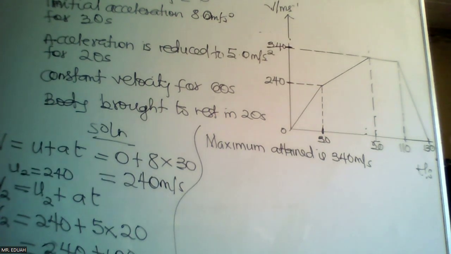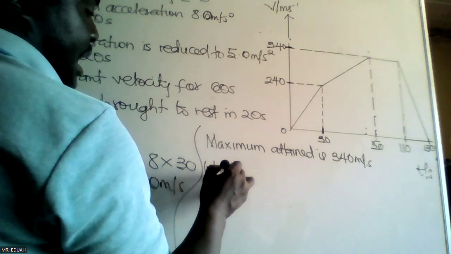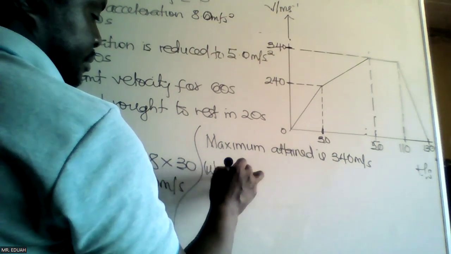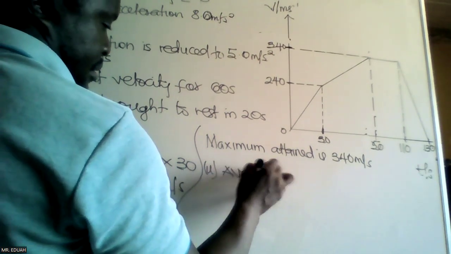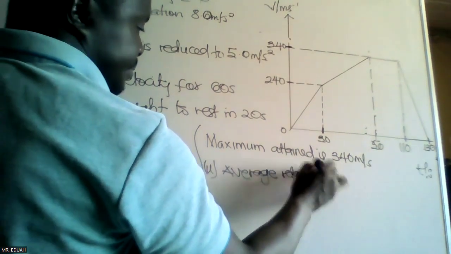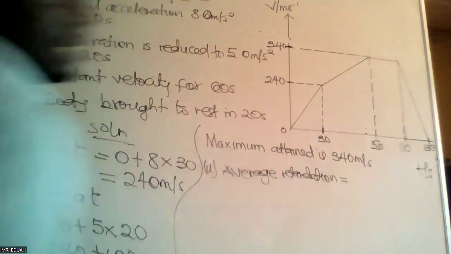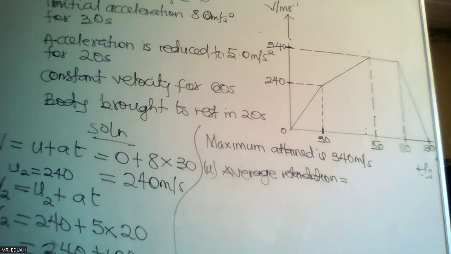Then part two, average retardation as the body is being brought to rest. Okay, so we've calculated it, but the average retardation or deceleration is equal to the slope of this uniform decelerated motion.